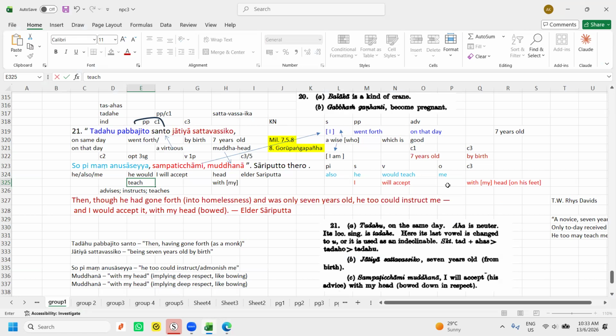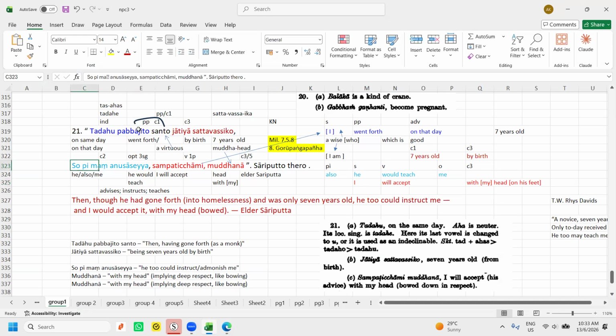Now, and then this line is saying that means, I will accept. He said, I will accept. Then here, this one with my head on the feet. The word is muda.